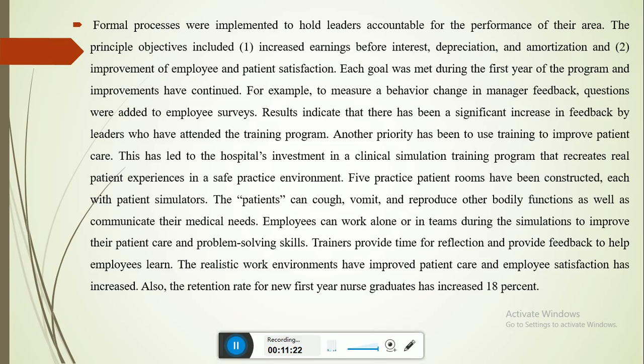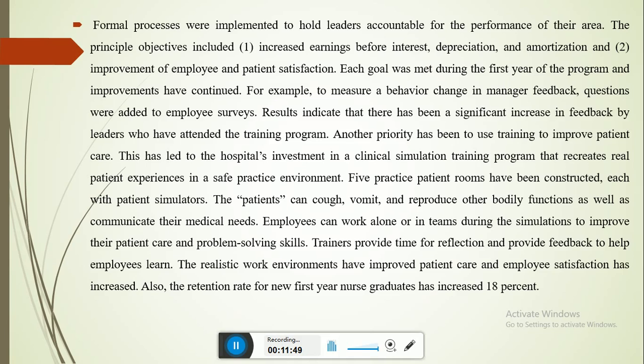Fourth, they have created the training program in order to increase employee and customer satisfaction. Fifth, they have provided the training in order to increase their retention rate. So they want to decrease their turnover, they don't want their top talent to leave the company or the hospital.